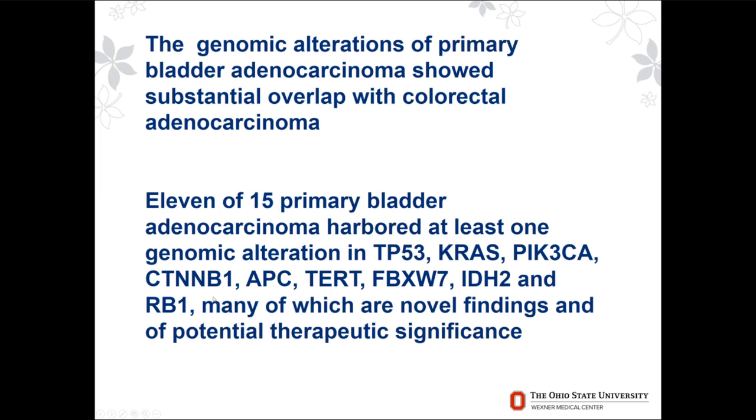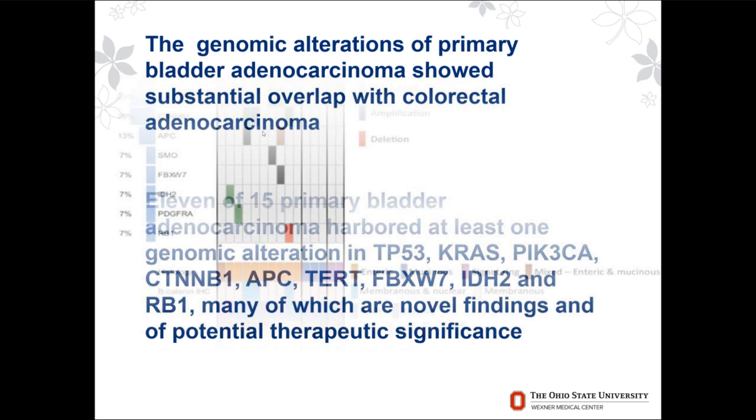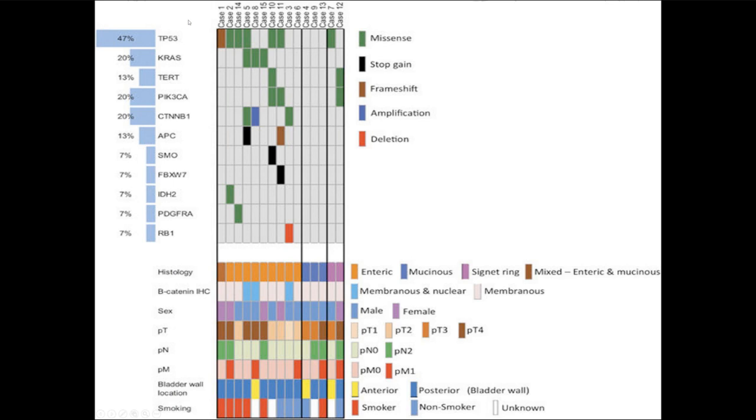So even though they have significant overlap with colorectal adenocarcinoma, there are some unique differences. If you look at all the cases that were sequenced, the majority of them had missense mutations in P53, a stop gain mutation in KRAS, and more rarely RB1.